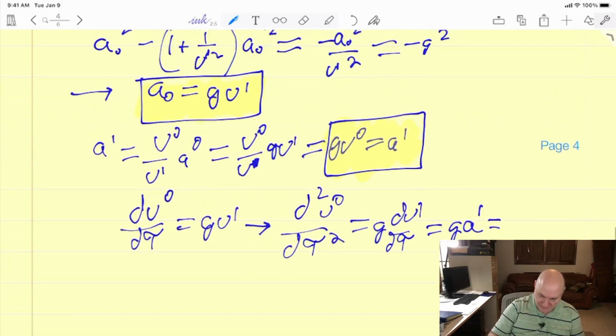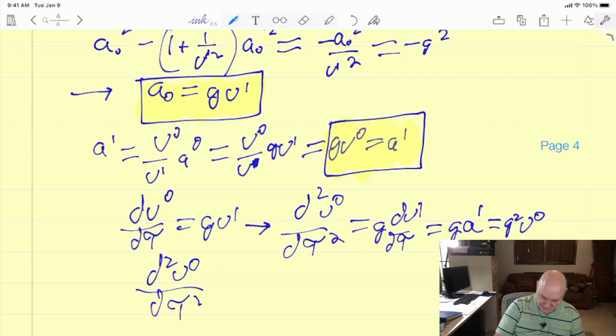And we have our equation for a1, which is g u0, so now we get g squared u0. So our differential equation is d2u0/d tau 2 equal g squared u0.